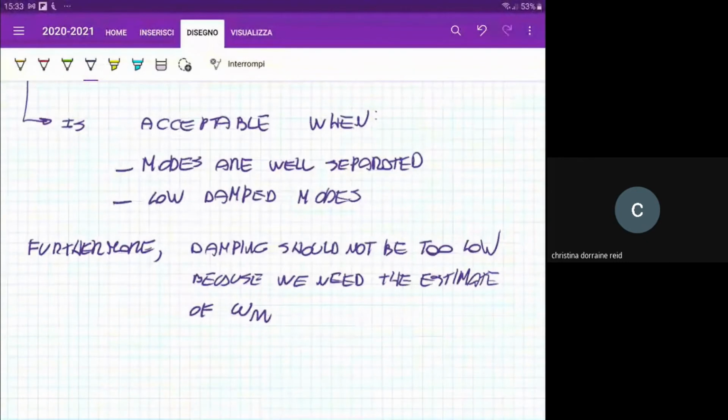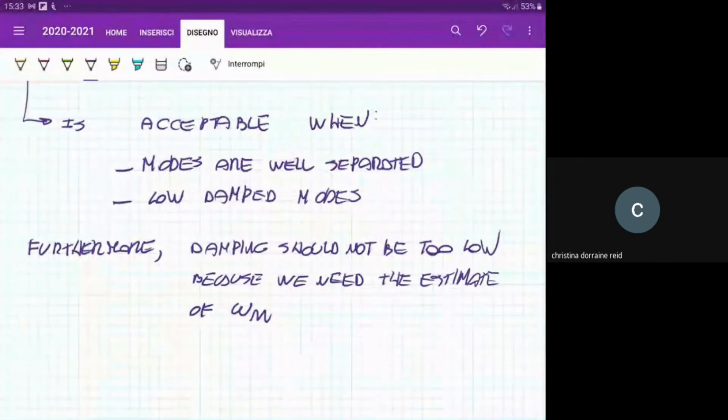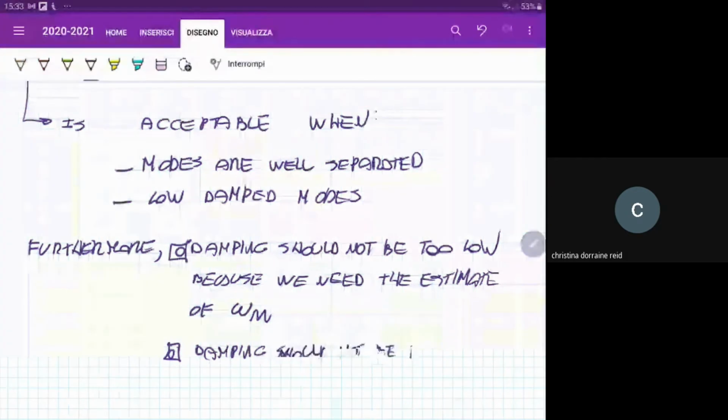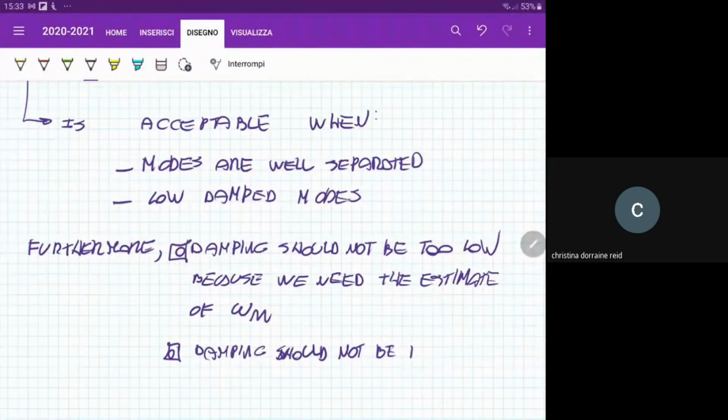And of course, damping should not be too high to avoid mode coupling.